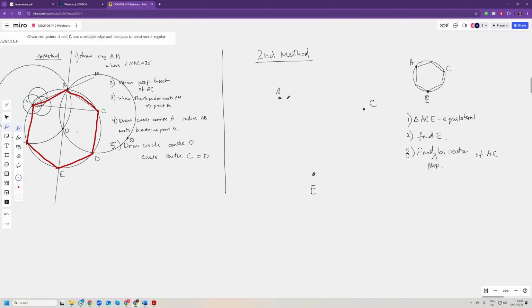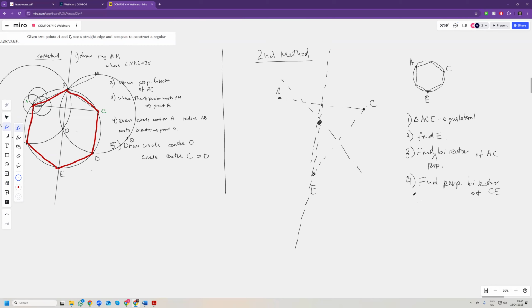So it's a line going through the center and going through the point E. I'm just going to be a bit lazy here. And you can find the perpendicular bisector of CE. So CE is this, and the perpendicular bisector is like this.